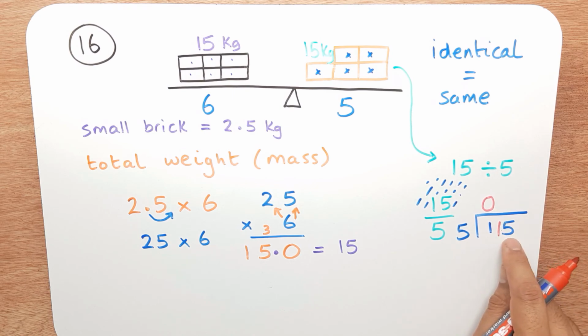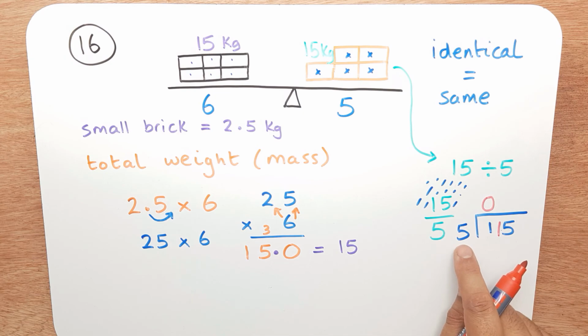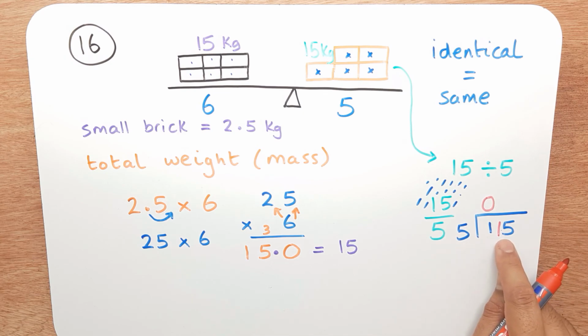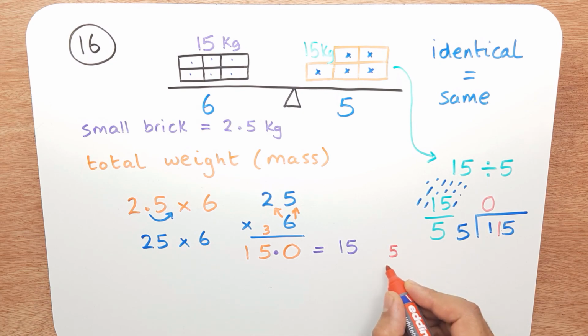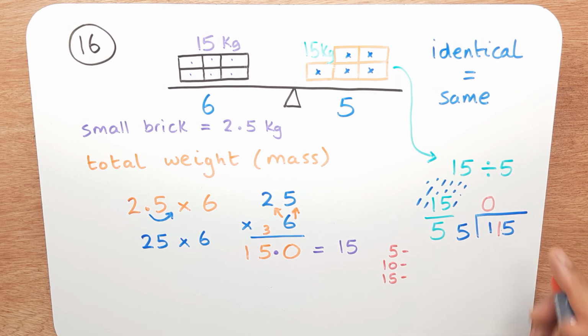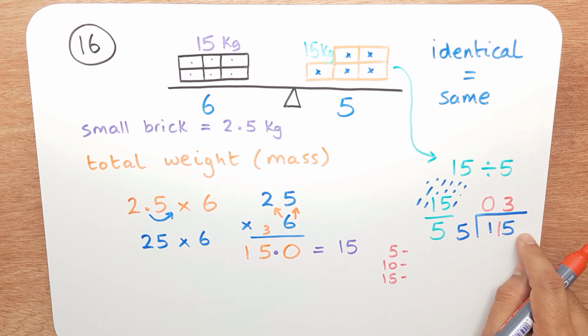So now this is 15. So I ask, how many 5s are there in this 15? So if I do it quickly, 5, 10, 15. 1, 2, 3. So there's 3 5s in this 15. I put that there. There's no remainder, so we stop.